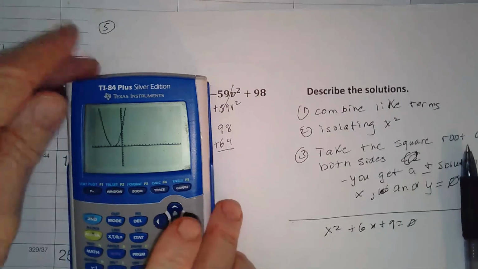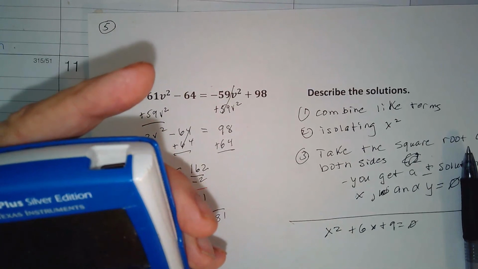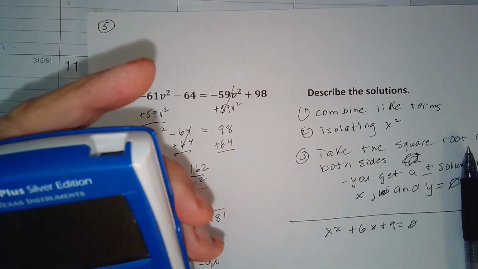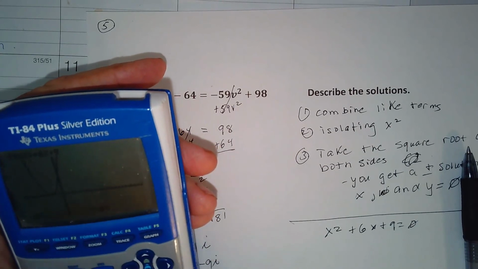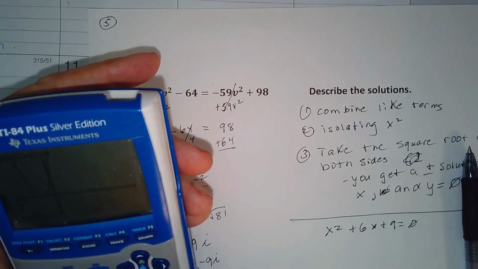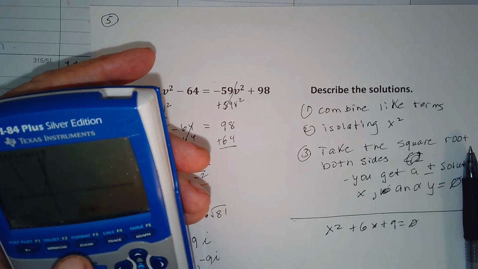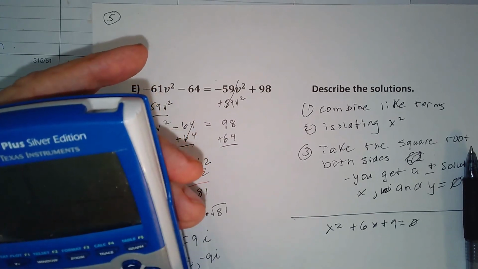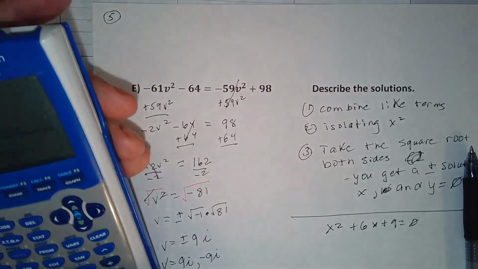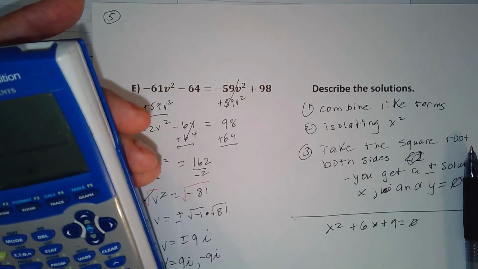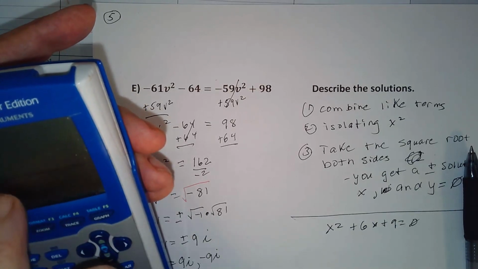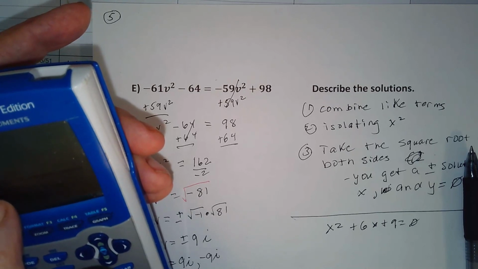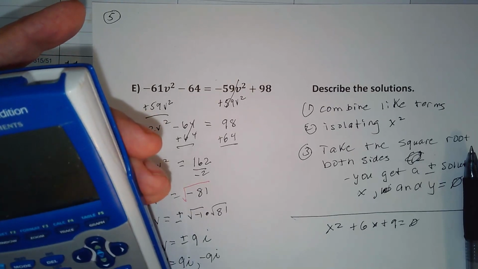Now we could trace this. Well, we don't know what x is offhand, so we would have to go through the standard trace mode. But you can see it from here.